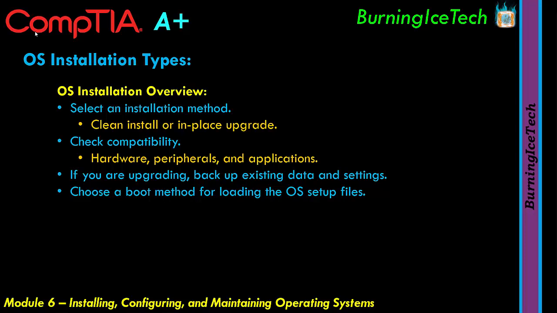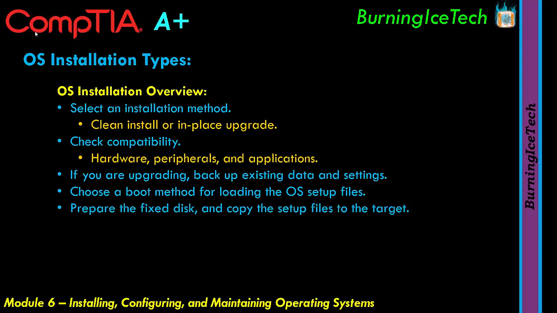In the old days, this would normally be a CD or a DVD, and you boot from that and then eventually install the operating system files from that disk onto the hard drive, and eventually you boot from the hard drive. Nowadays, DVDs and CDs are pretty much extinct, so you're probably going to find yourself booting from something like a USB stick, potentially over the network. These are the methods that you're going to be booting from.